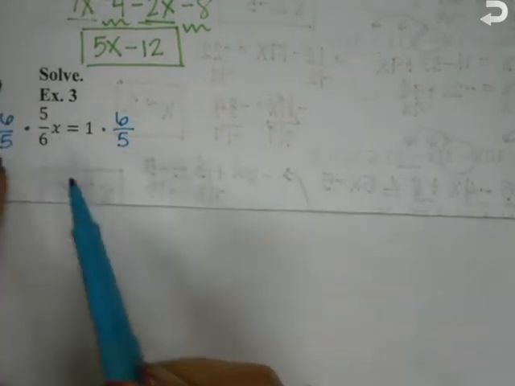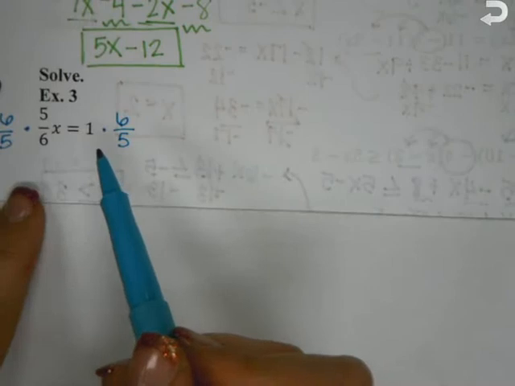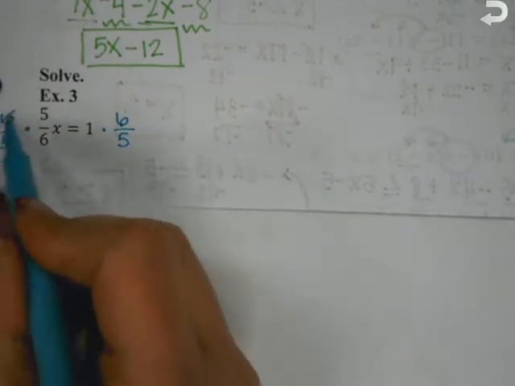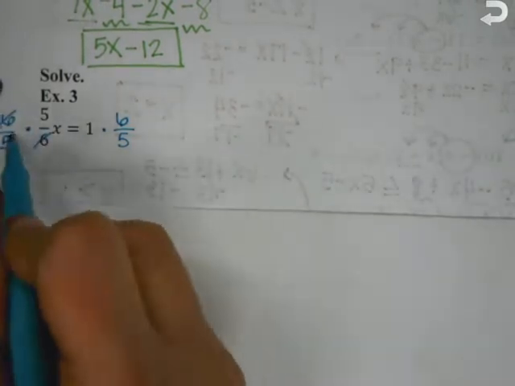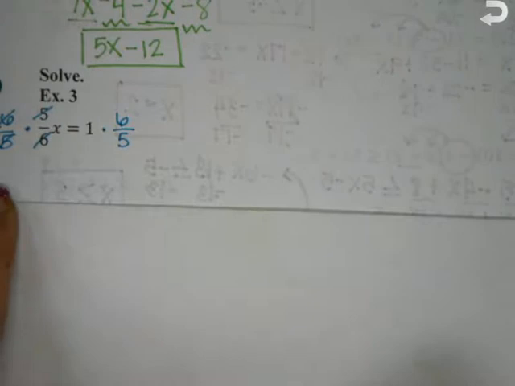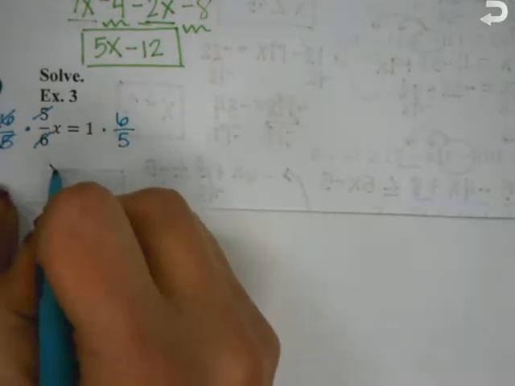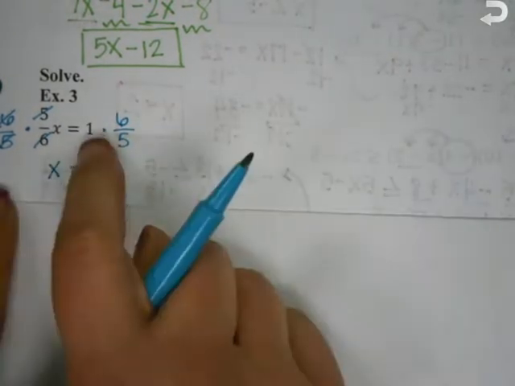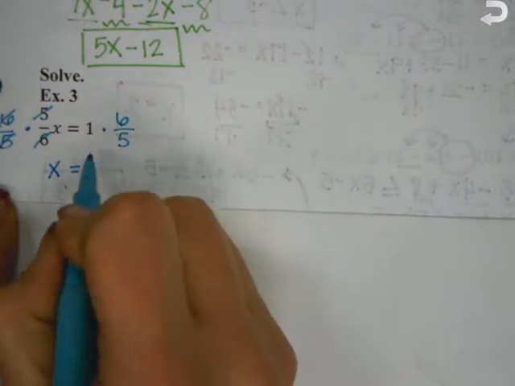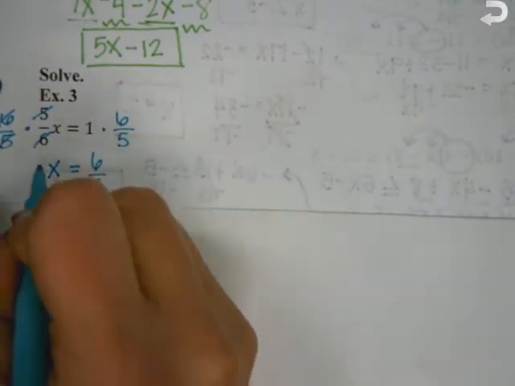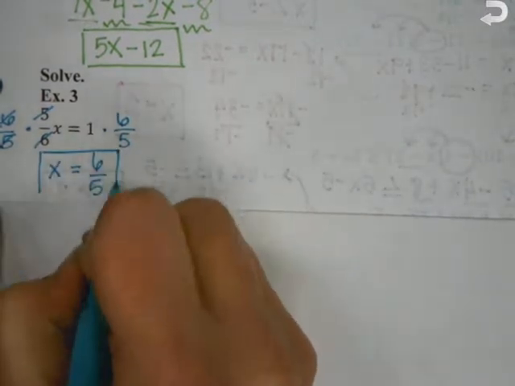Yes. The 6's cancel and the 5's cancel. Isn't that what we wanted to happen? So what's left over? Just the x equals 1 times 6 over 5? 6 over 5. Correct.